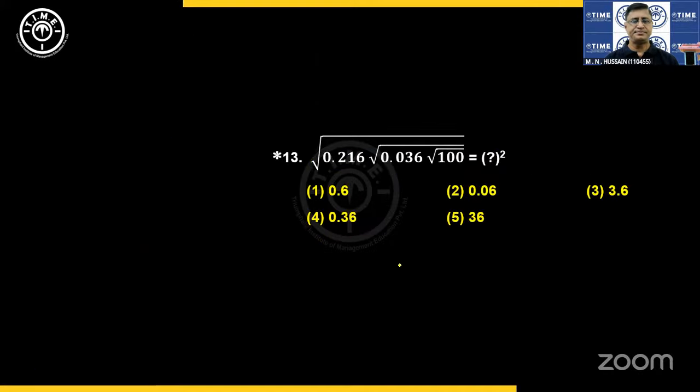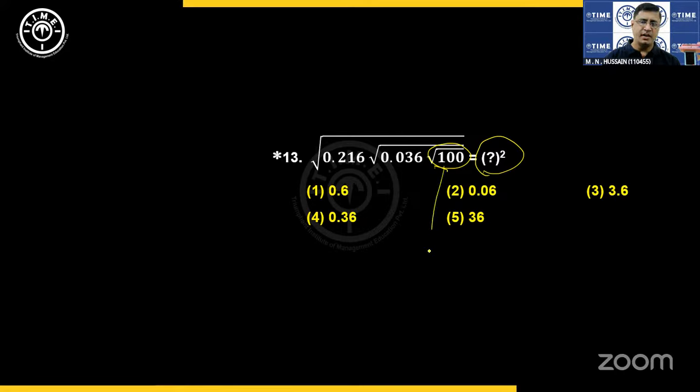Next. Question number 13 on your screen. Square root of a number and again square root of a number and square root of a number is equal to question mark square. Need to find out the value of the question mark. Square root of 100, that is 10. 10 into 0.036, it will give 0.36.